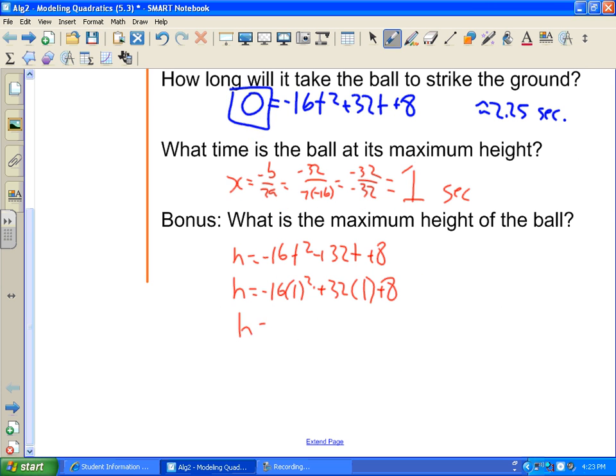My height will be, let's see, 1 squared is just 1, plus negative 16, plus 32, plus 8. My height will be negative 16 plus 40, which comes out to be 24 feet.